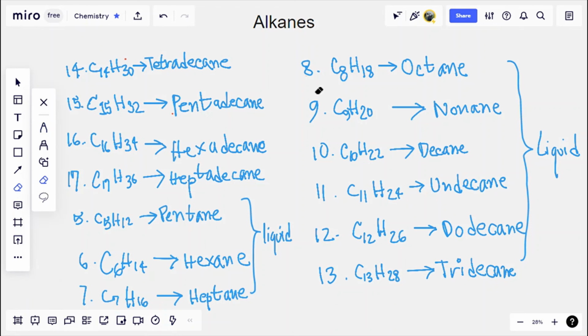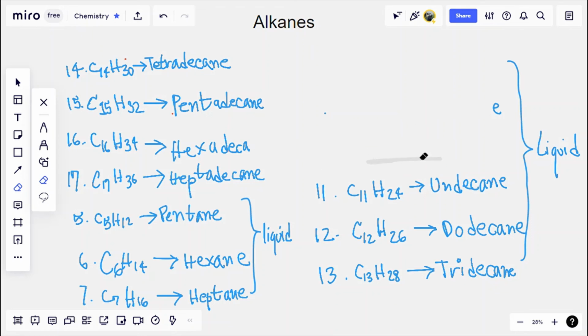Let me just quickly remove this. Oops, the decane. So, from 5th to 16th, these are liquid.